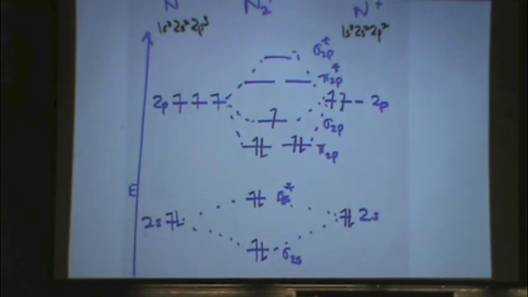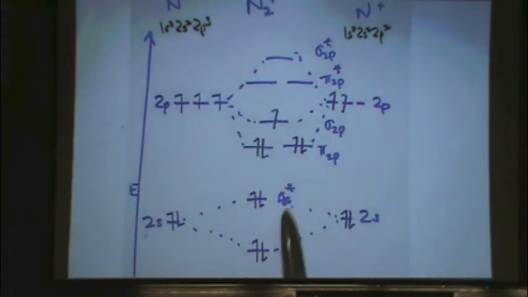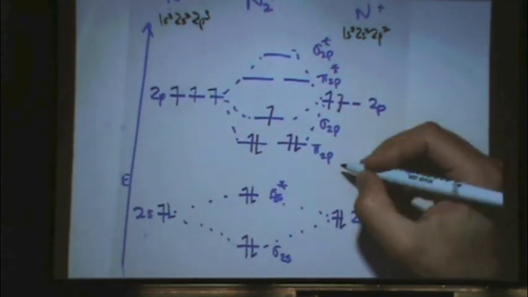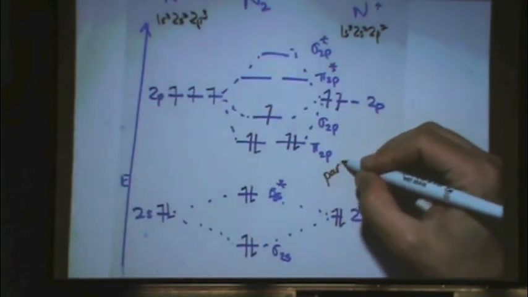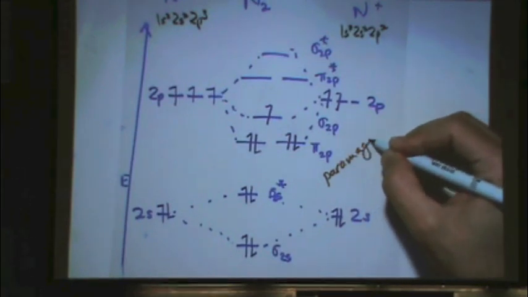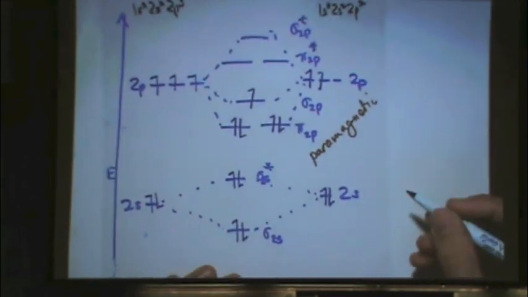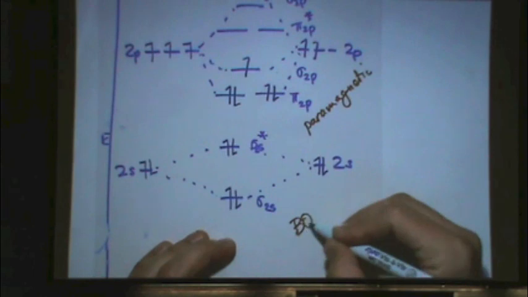That's the MO diagram. We're already done. The next two parts that are typically asked have to do with magnetism and bond order. For magnetism, what's the magnetism of this? You would say para, and the reason is there's an unpaired electron in the center. Because of that, it's paramagnetic. And then the bond order.